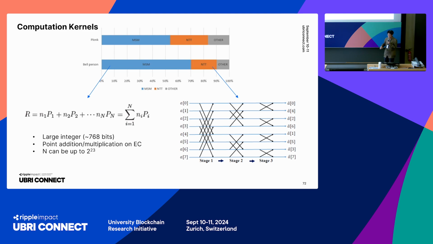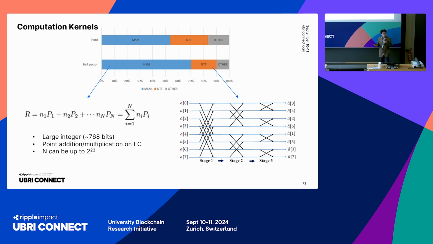So in this talk, I'm going to focus on how to accelerate MSM. Even though the title includes ZKP, what I'm going to talk about is accelerating MSM. If I disappoint you, I apologize. But the heaviest computation kernel is identified as MSM.